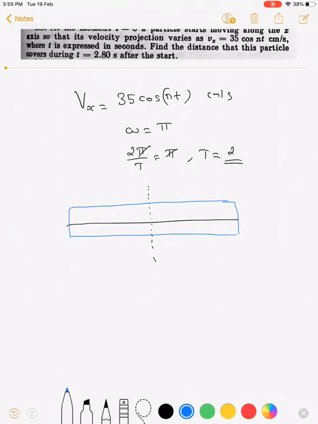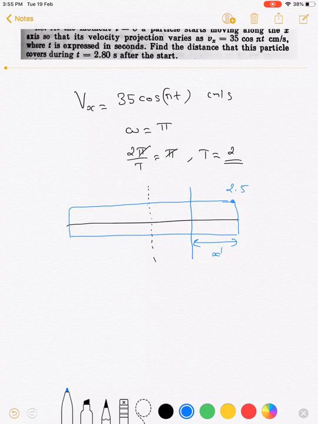In the next 0.5 second, the particle moves from mean position to its extreme position. Now the particle is at the extreme position when time is 2.5 seconds.